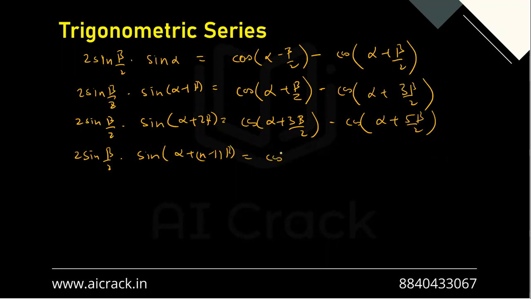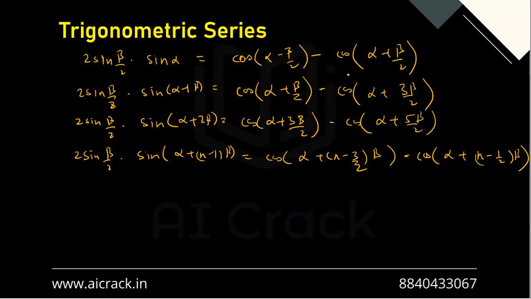That would be cos of this minus this. That would be alpha plus n minus 1 by 2 beta, right? Minus cos of this plus this, alpha plus n minus 1 by 2 beta, right? Oh, sorry, this one is 3, sorry, 3 by 2 beta.